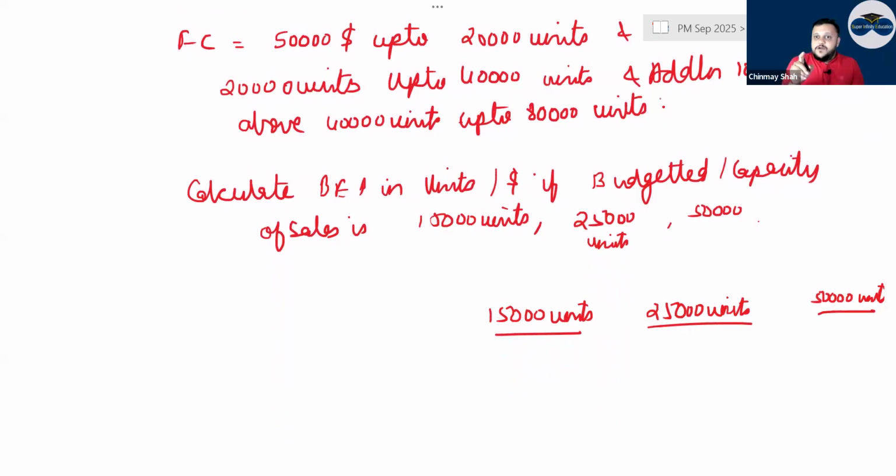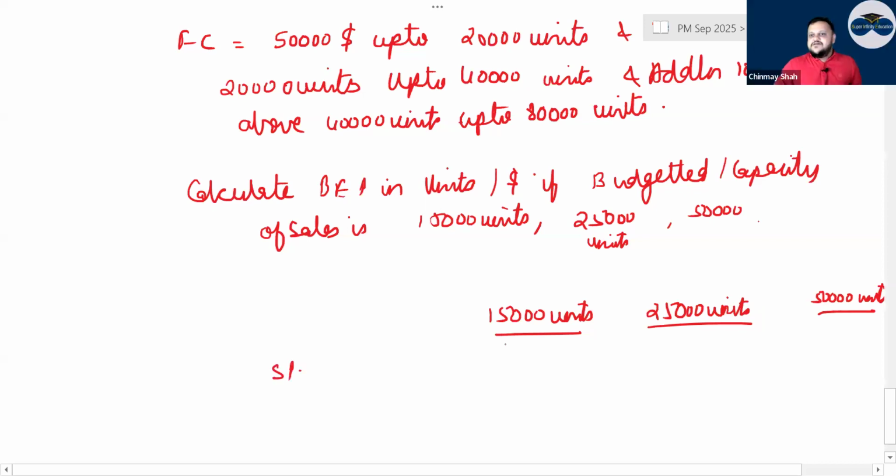See, where nothing is given, will selling price be same at all 4 levels? Yes. Will variable cost be same at all 4 levels? Yes. But is the fixed cost changing at all the 3 levels? So tell me, will the BEP change at all the 3 levels? Krishna, what do you say? Yes, sir. Correct.